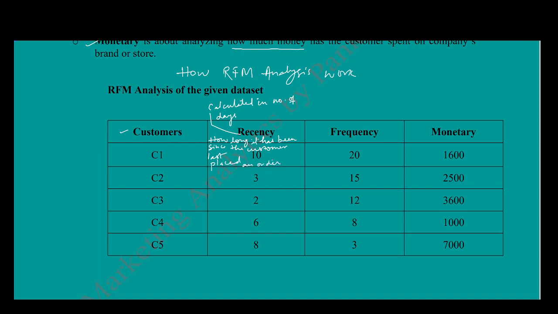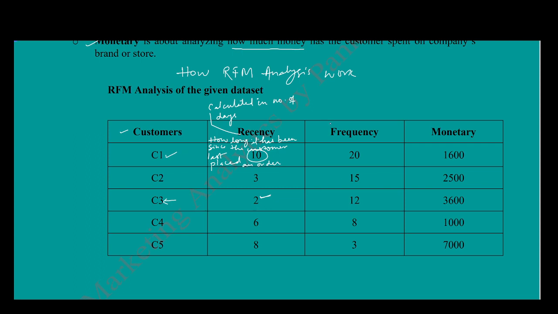So if I see that here the value is 10, it means that this customer C1 placed his or her last order 10 days ago. And if I see customer number 3, customer number 3 placed his order 2 days back. So this customer is more recent as compared to customer C1. So this is about recency.